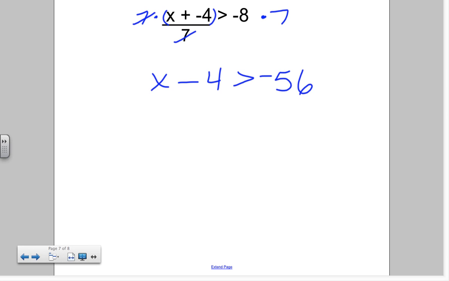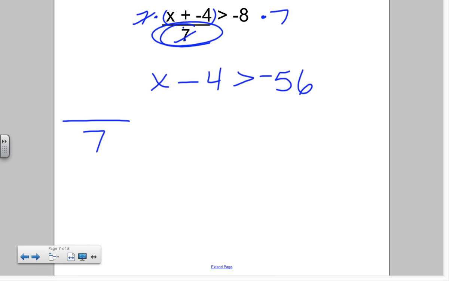No. Noah? Wouldn't that be 7x then, if you multiplied x by 7? No, because you're dividing by 7. You're getting rid of the dividing by 7. So if you multiply by 7, you're undoing this right here.